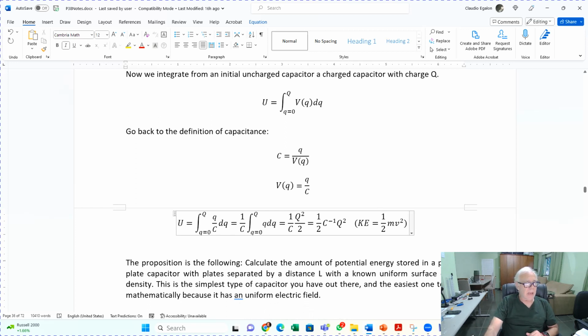So if you forget how the potential energy of a capacitor looks like, just remember the equation for the kinetic energy, where we still have a half here. We have a parameter that documents the inertia of this device, of a capacitor, and the charge squared.